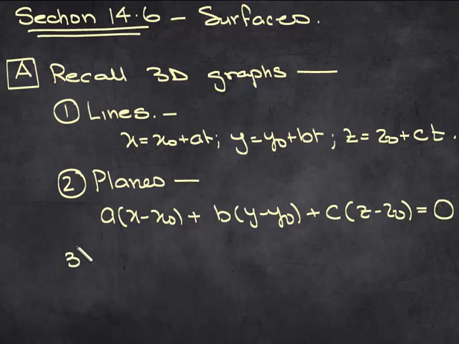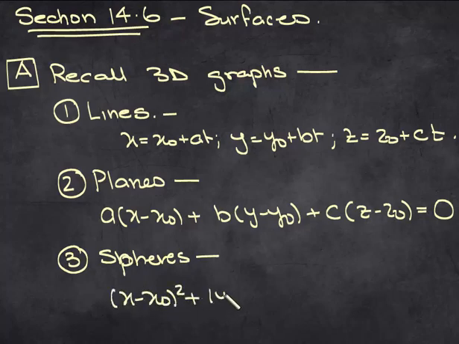Then we also had one more that we kind of talked about, which was spheres. If you recall, the equation of the sphere was what? x minus x naught squared plus y minus y naught squared plus z minus z naught squared is equal to r squared.